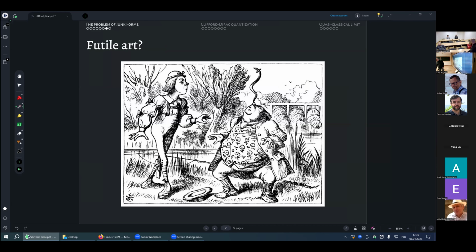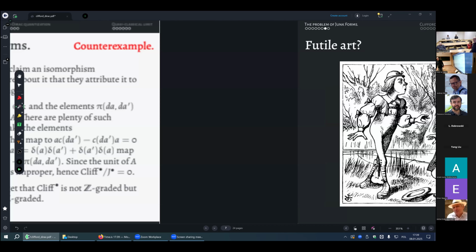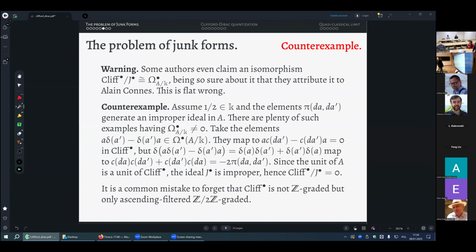Tomek, can you come back to the previous point? Maybe you said this at the beginning, but I missed it. Clifford algebra is Z modulo 2Z graded, right? Yes, and you also add the adjective ascending filtered. It's a positive ascending filtration compatible with the Z2 grading. And differential forms, omega dot?